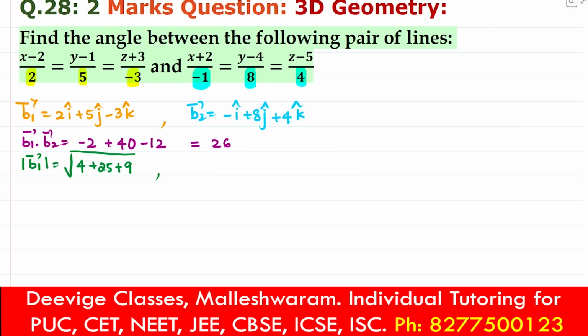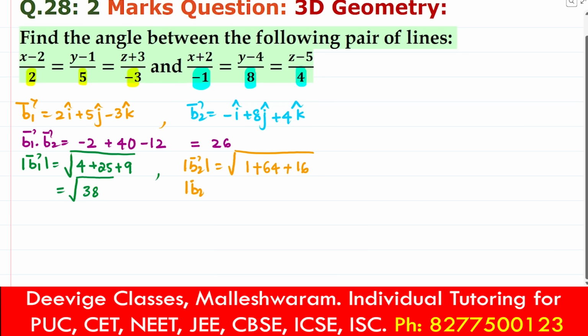Similarly, magnitude of b2 is square root of minus 1 whole square is 1 plus 8 square, that is 64, plus 4 square is 16. So 4 plus 25 plus 9 is root 38, and magnitude of b2 is 1 plus 64 plus 16, which is root 81, and root 81 is 9.